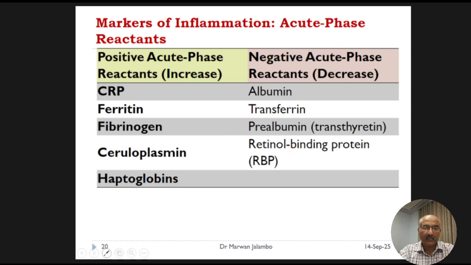So understanding this distinction is absolutely essential for correctly interpreting lab data in an ill patient. So let's take a closer look at the negative acute phase reactants, as these are the ones most often misinterpreted in clinical practice.